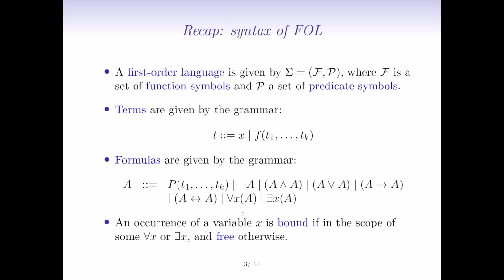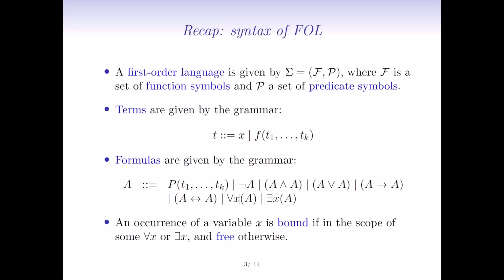If an occurrence of a variable is not bound by any quantifier, then it is said to occur free in the formula. And remember as well, I didn't put it on the slide, that we call a sentence a formula with no free variables. So that's the syntax of first order logic on one slide.